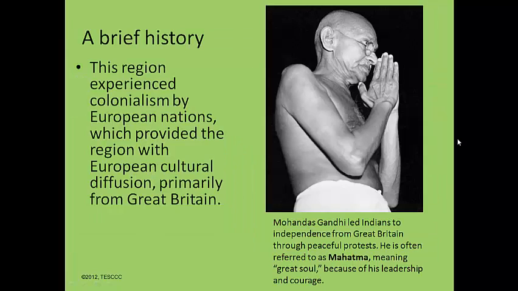Okay, just a brief history of India, the whole region of South Asia. This region experienced colonialism by European nations, and colonialism, we've studied this term before back when we were talking about Europe and how Europe, like Great Britain, was in charge of the 13 colonies. They ruled the 13 colonies in America at first.